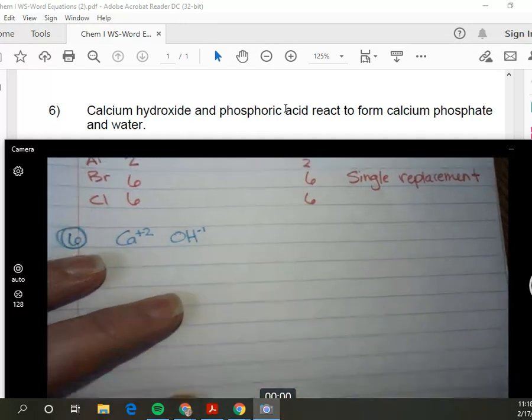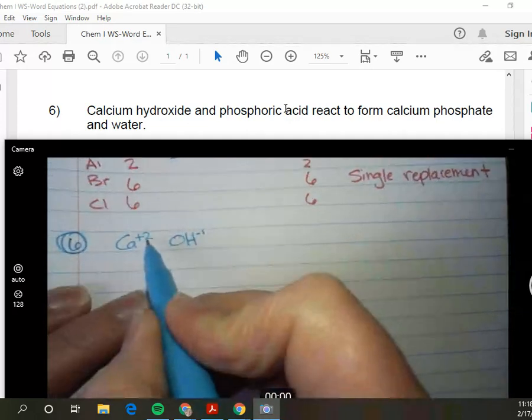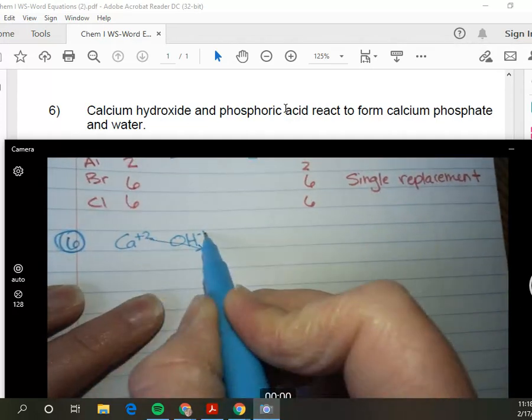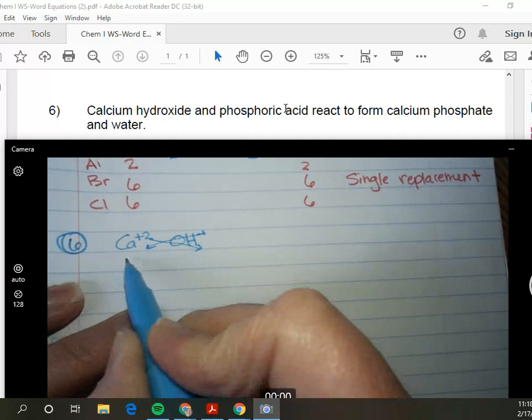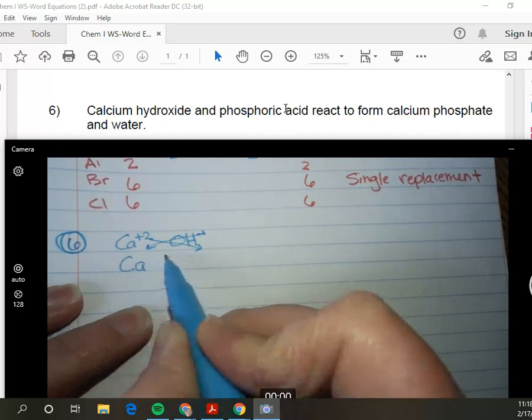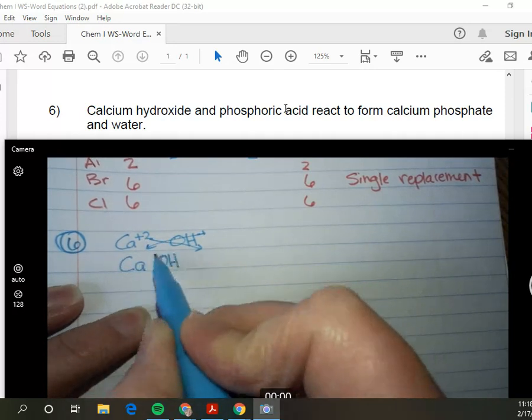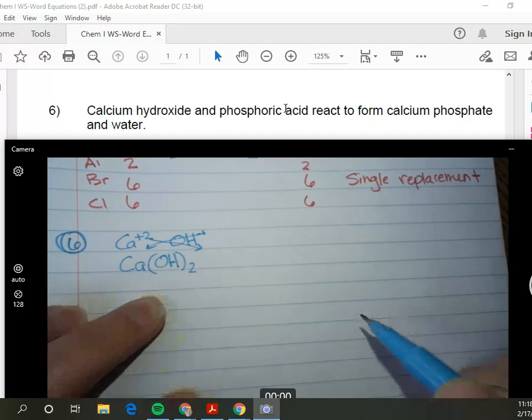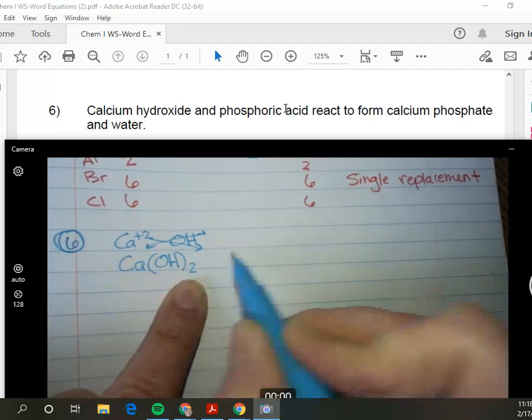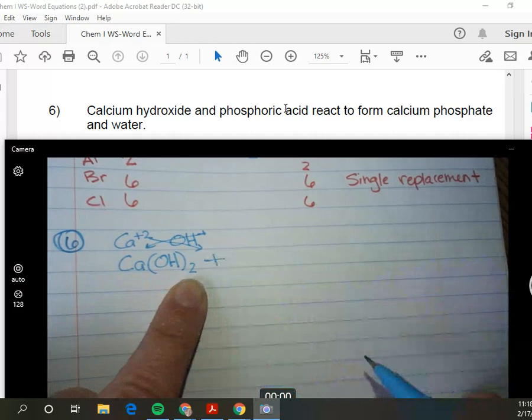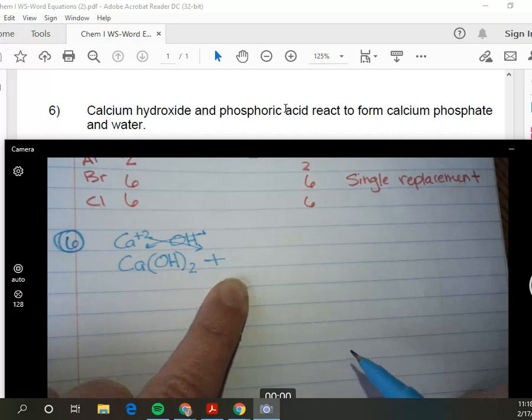We're going to do that crisscross method again. So the charge becomes a subscript on the other. Calcium. And OH needs parentheses this time because the subscript has to go outside. So we got Ca(OH)2.